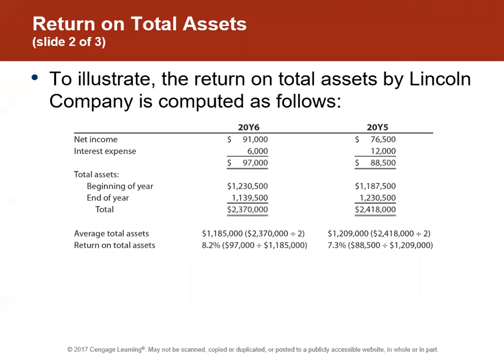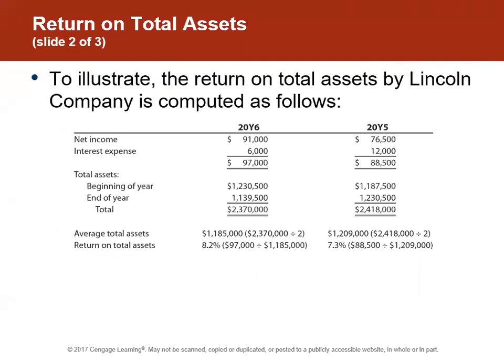Here they give us net income and interest expense. We add them together to get net income plus interest expense. Then we take our total assets, without excluding anything, from both the beginning and the end of the year, add them together, and divide by 2 to get an average. So we take net income plus interest expense, $97,000, and divide it by our average total assets.